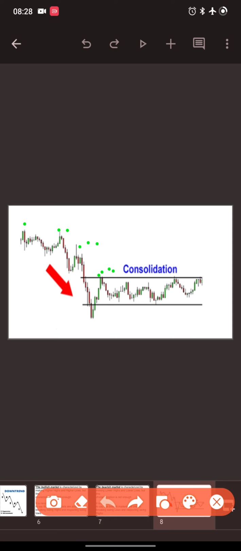The second dotted high in turn is higher than the third dotted high, while the third dotted high is higher than the fourth dotted high. This now is a sign that this is a bearish market, because the first high, then a lower high, then another lower high, which is lower than the second one, then a lower high.